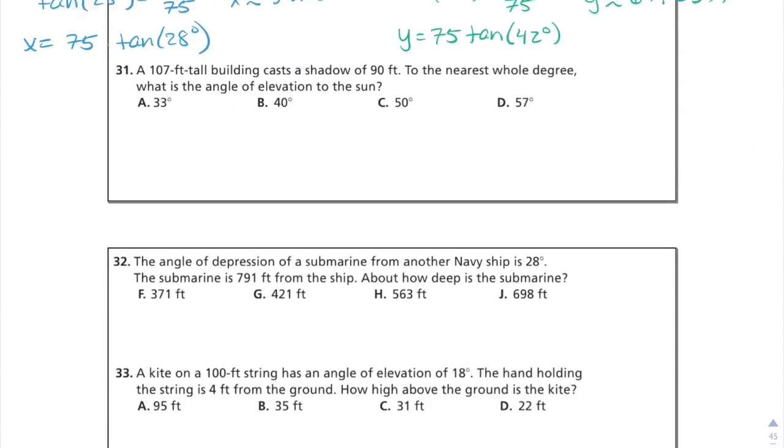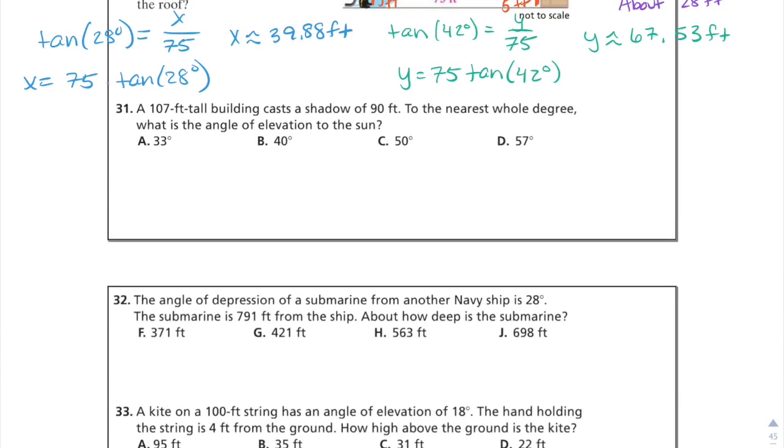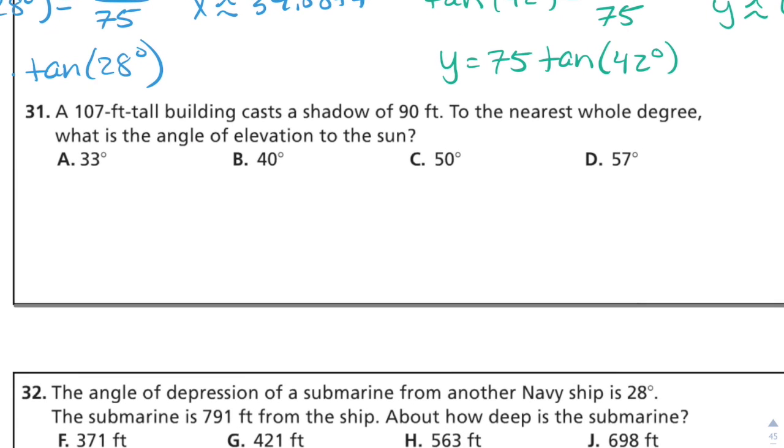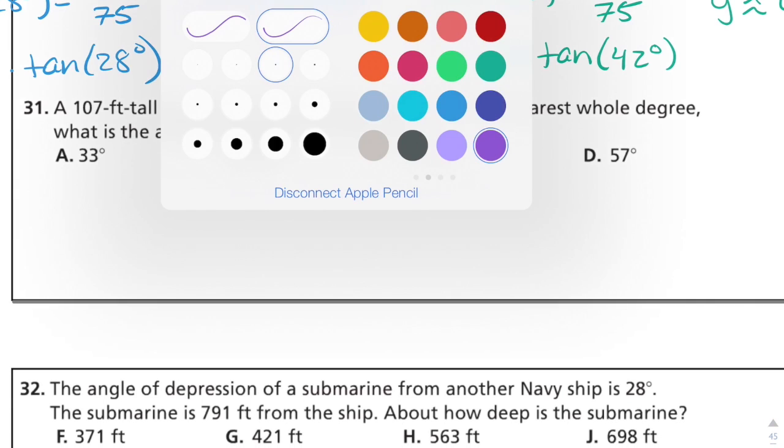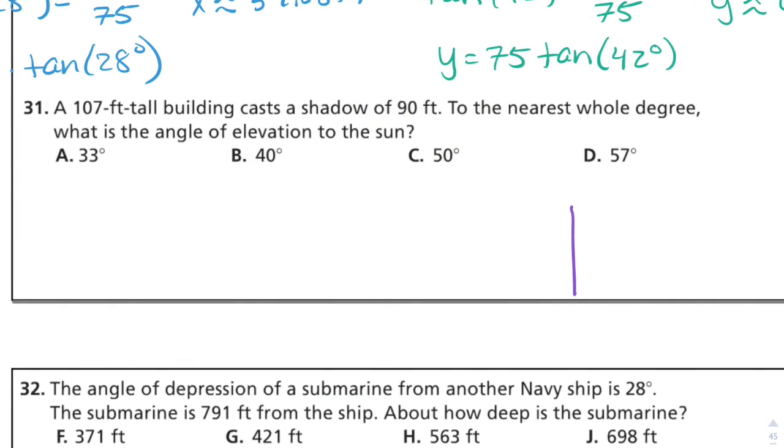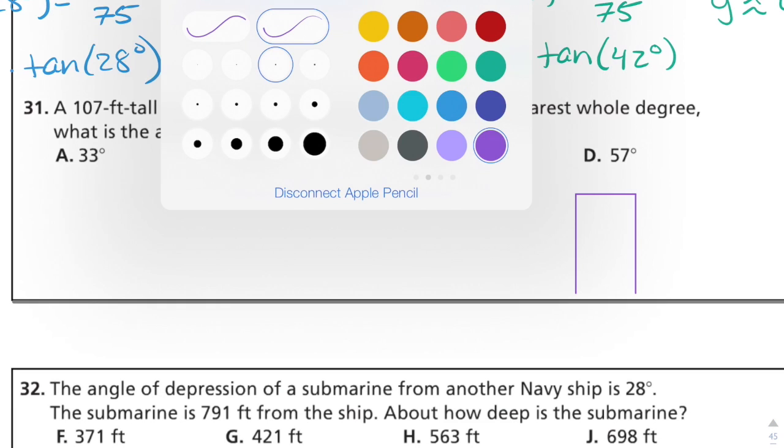All right. A 107-foot tall building casts a shadow of 90 feet. To the nearest whole degree, what is the angle of elevation to the sun? So let's draw a quick building. And that building casts a shadow.